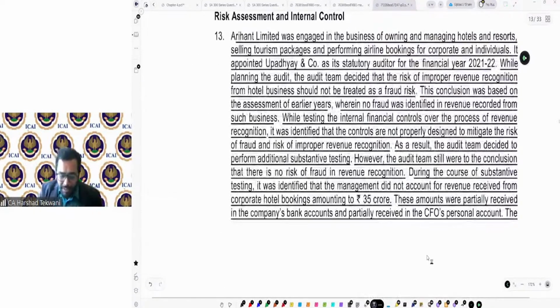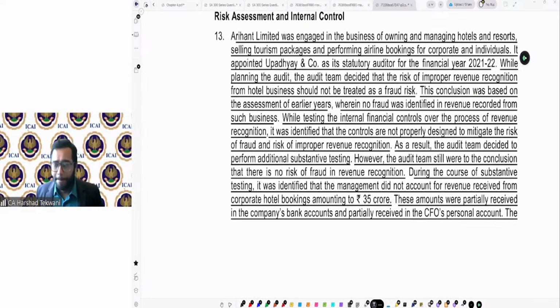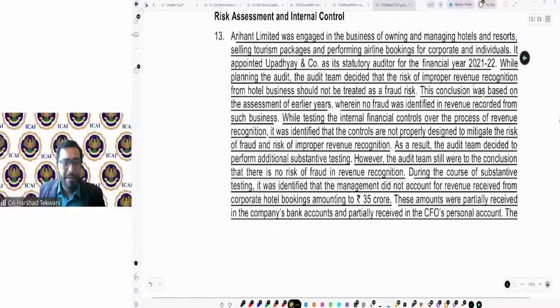Again, this is something you practically know the answer to; you just need to write it into words. Trust me. What is the scenario here? The audit team decided that the risk of improper revenue recognition from the hotel business should not be treated as a fraud risk.